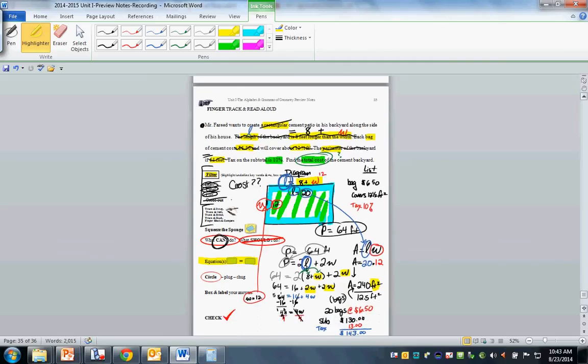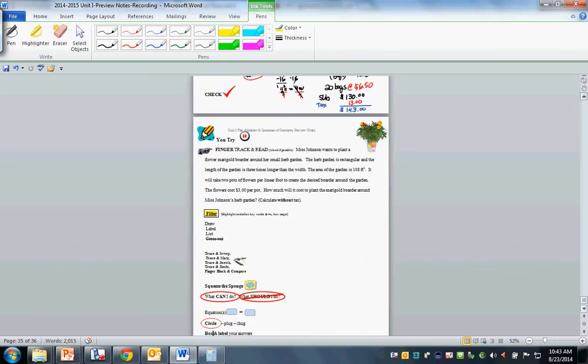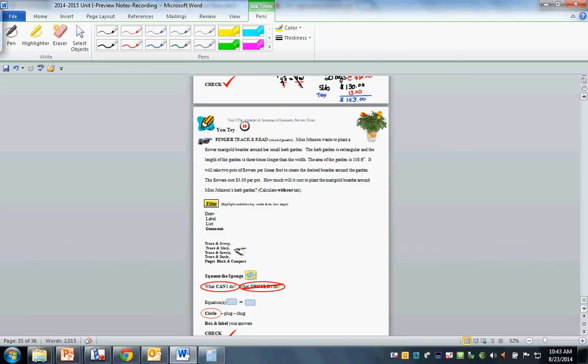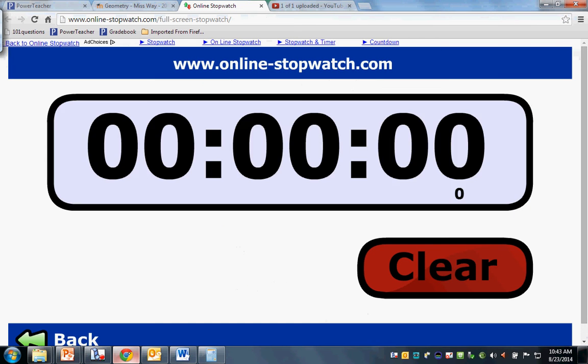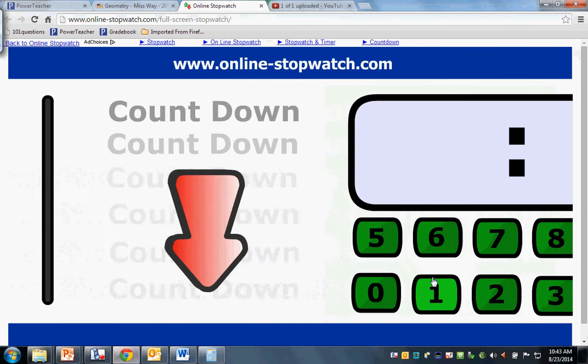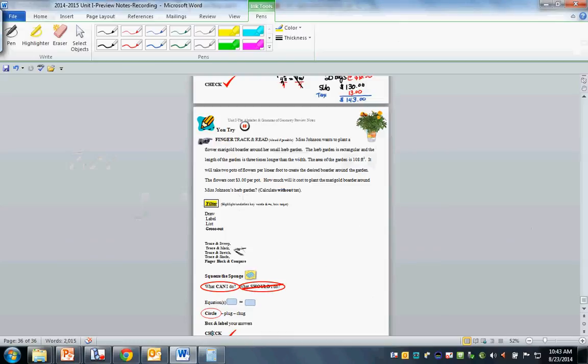So I'm going to set the timer for 5 minutes. Your goal is to follow the same process and attempt to solve this one problem in 5 minutes. Ready? Go. Finger track read, solve.